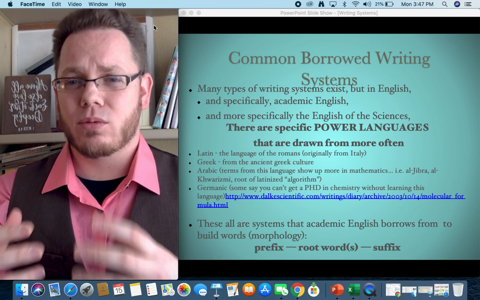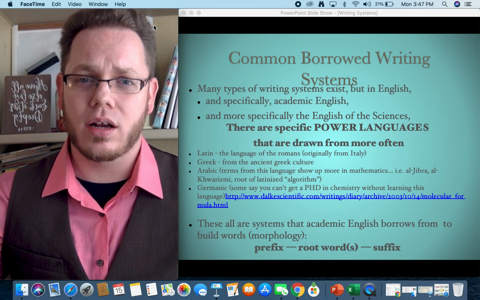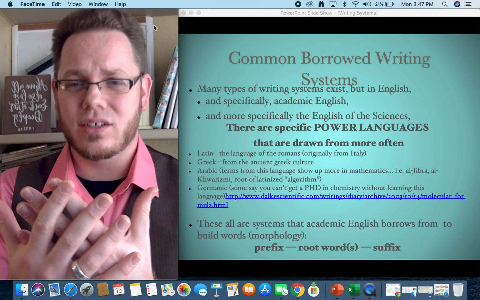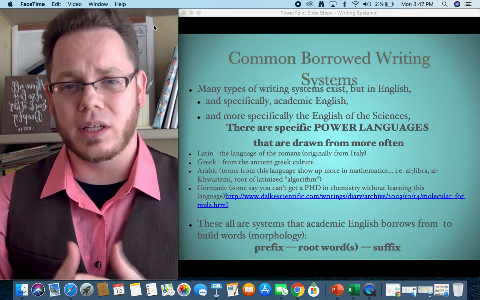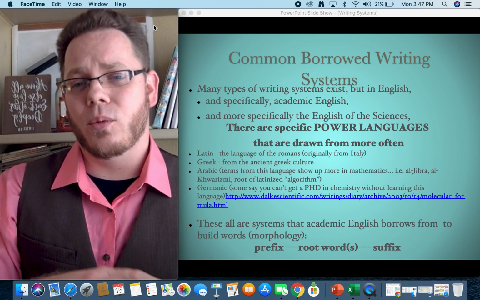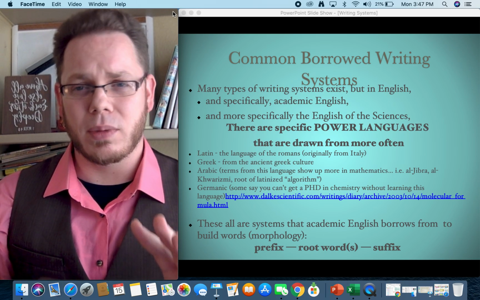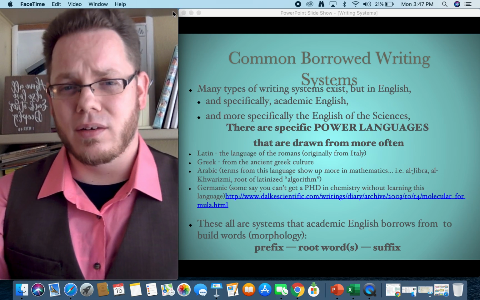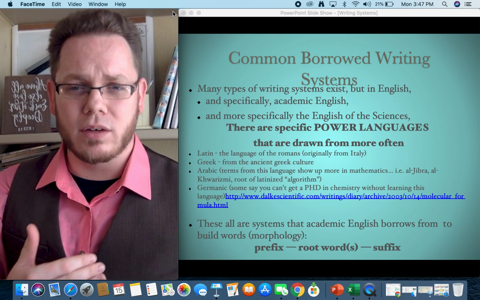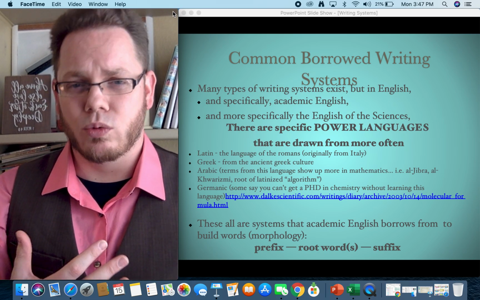So a lot of the writing systems that are built into English, which is a blend of multiple languages, come from these. So we see a lot of specialized language in the social sciences and humanities and in natural sciences being derivatives of Latin or Greek root words.